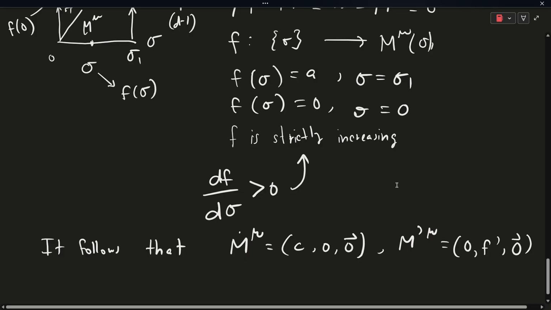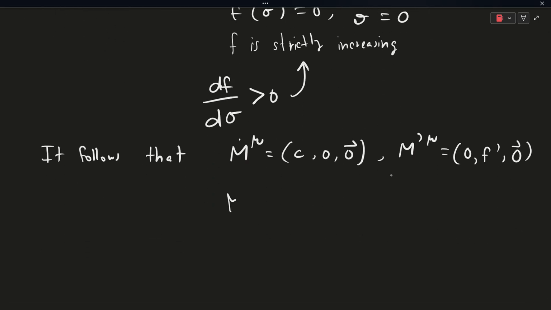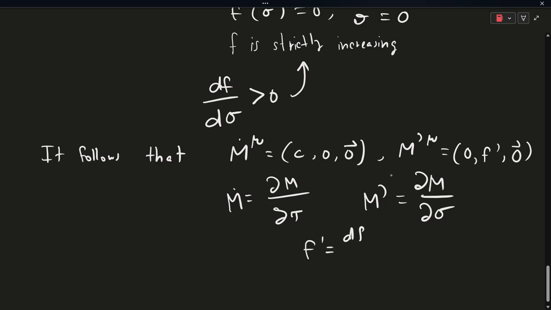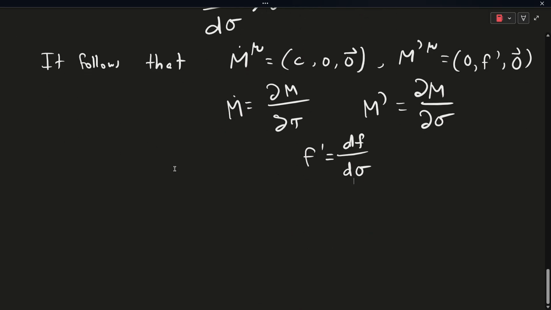Wherein, of course, m dot means the derivative of m with respect to the tau coordinate, and m prime is the derivative of m with respect to the sigma coordinate, and of course f prime means the derivative of f with respect to sigma. Total derivative, so we don't need the partial derivative sign.